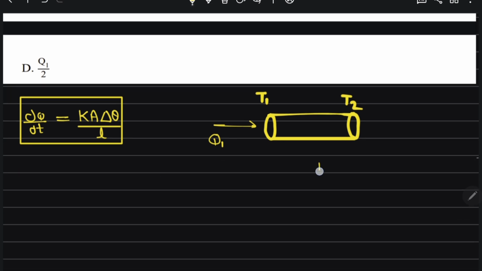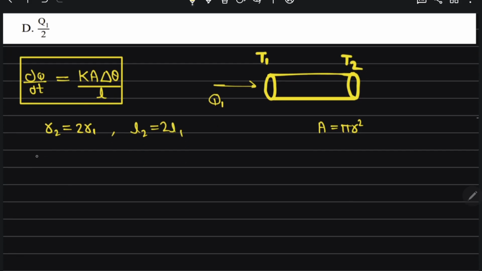The area is pi r square. The linear dimensions are doubled, so R2 is equal to 2 times R1, and the length becomes 2 times the initial one.